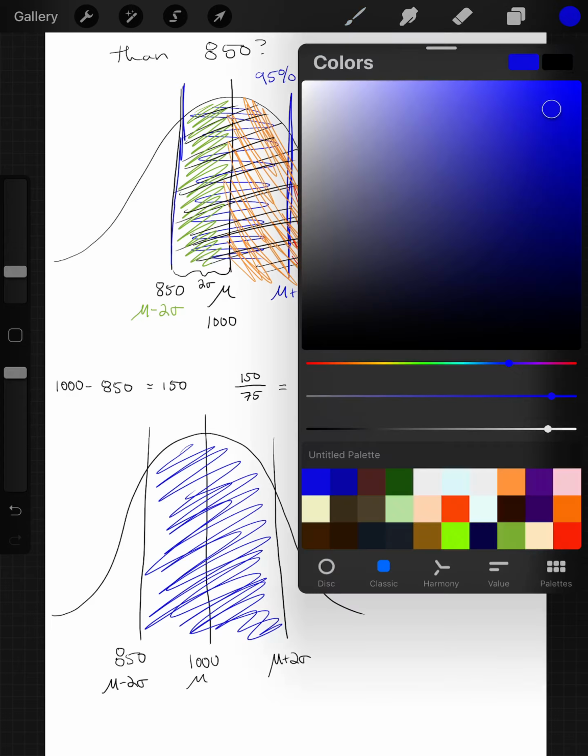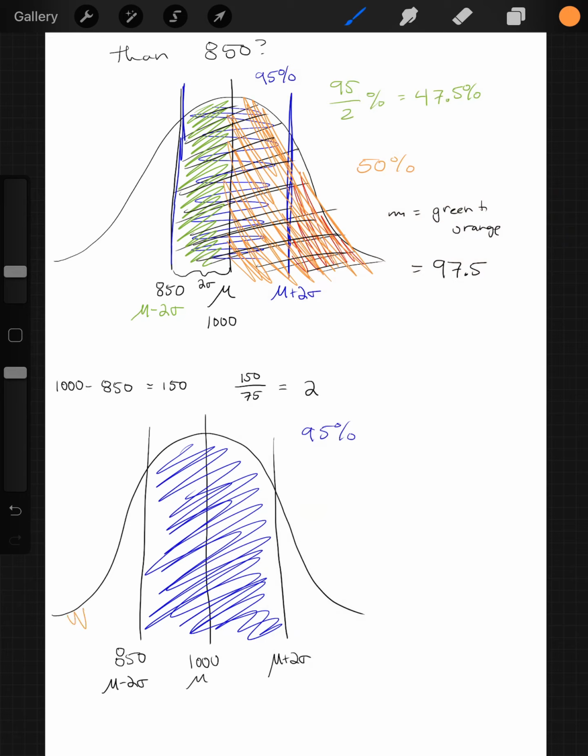So what that means is that everything else has to be 5%, right? Because that has to be everything, right? Something plus everything else has to give you everything. So that everything else has to be the 5% left over.